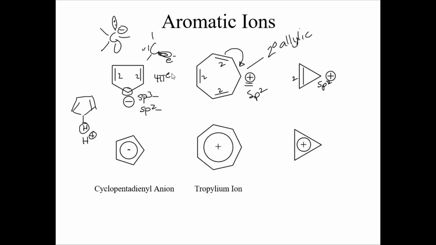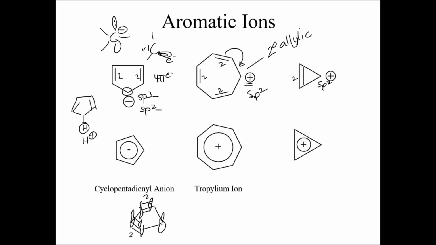And it says, well, I could become super stable if I put this pair of electrons into that p orbital such that I become planar.